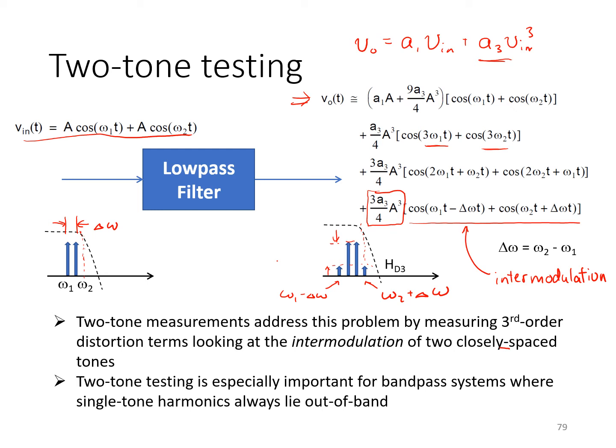And because many types of nonlinearity get worse at high frequencies, we really do want to test nonlinearity over the entire frequency range of operation of the circuit. This type of testing is especially important when we have bandpass amplifiers, where single tone harmonics will always lie out of band.